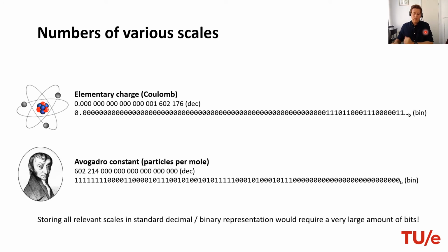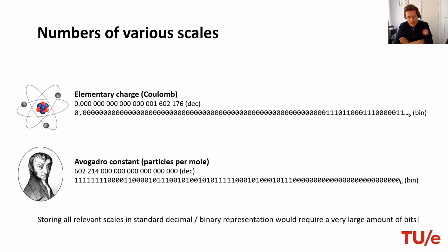Let's take a look at some scientific numbers, and then it becomes clear that we have various scales that we need to address in computational science. For instance, let's say that we want to do computations which involve both the elementary charge of an electron or a proton and Avogadro's constant, which indicates how many particles or molecules or atoms there are per mole.